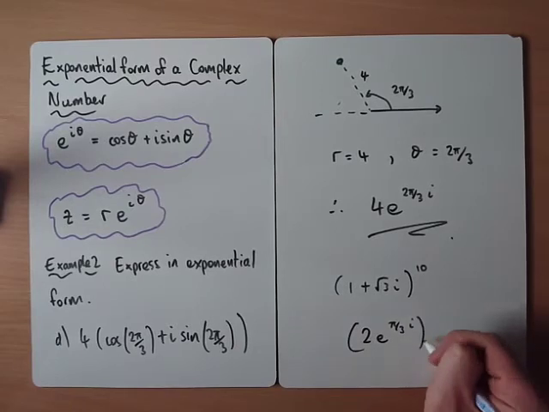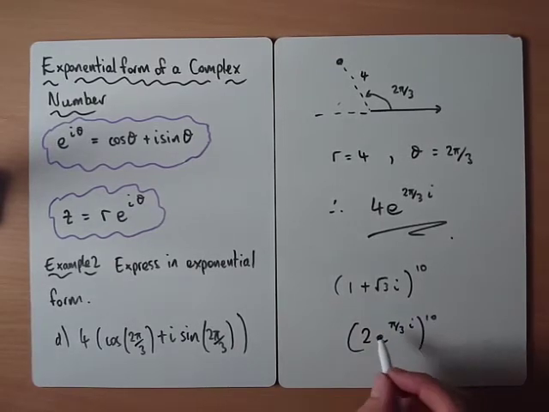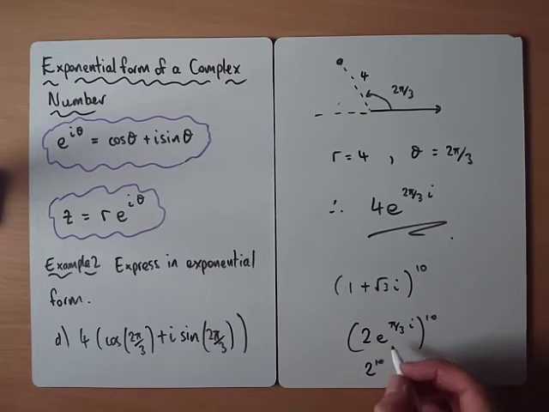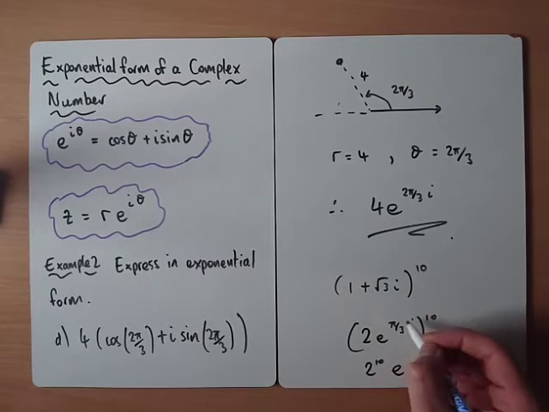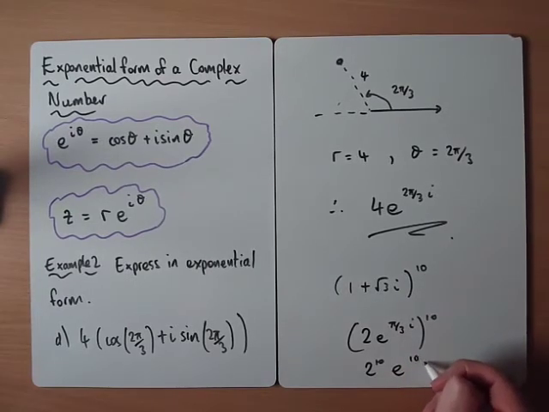If I was going to raise that to the power of 10, then think about the indices: 2 to the power 10 and e to the pi over 3 i. If you raise a power to a power, you just multiply them together. And you would get a relatively large number, obviously. I just made that question up. Okay. You can also divide complex numbers really easily, and we'll see that in the last part of this question.